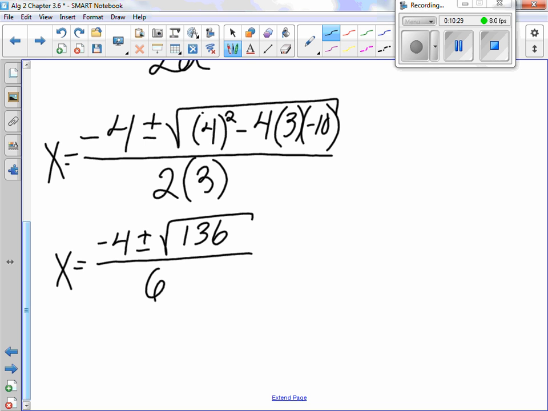And this is over 6. 2 times 3 would be 6. Now, again, the yellow calculator will do the square root of 136 for us.